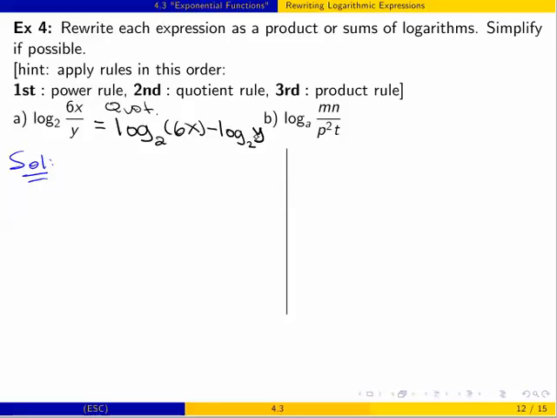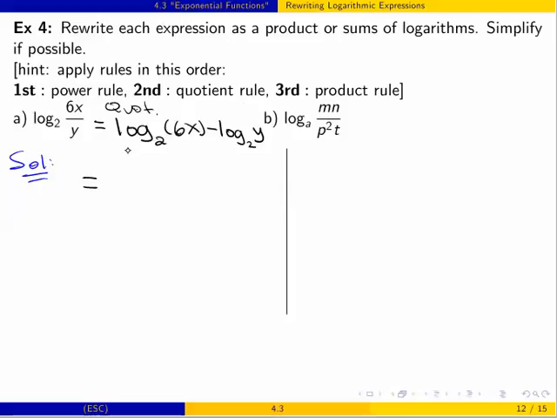Okay, once you apply one rule, it basically cycles: you go back to the power rule and see if there's any power that you have to bring down. Since there's no power, you move on again to the quotient rule. In this case, there's no quotient, no fractions, so last you apply the product rule.